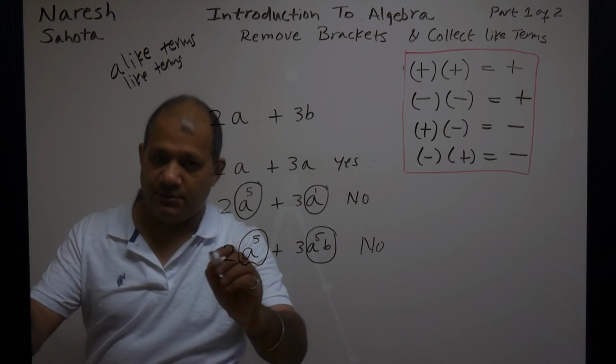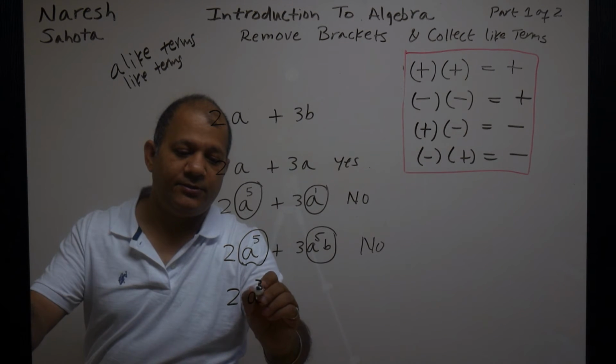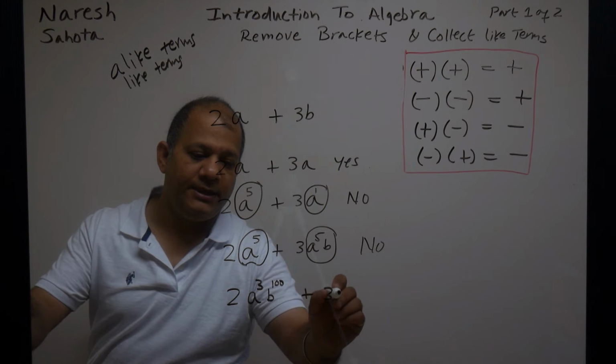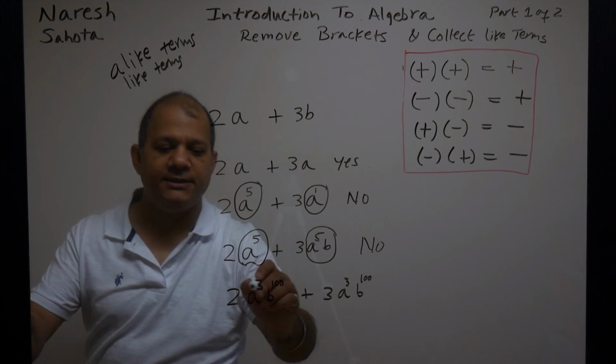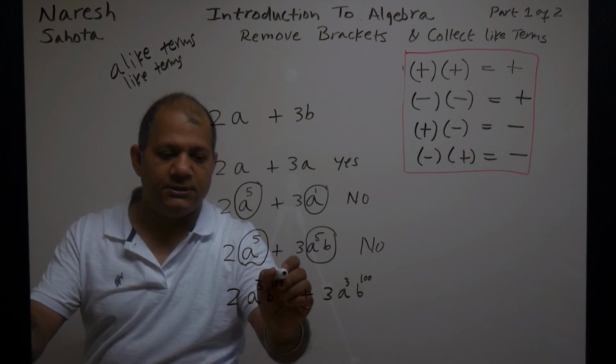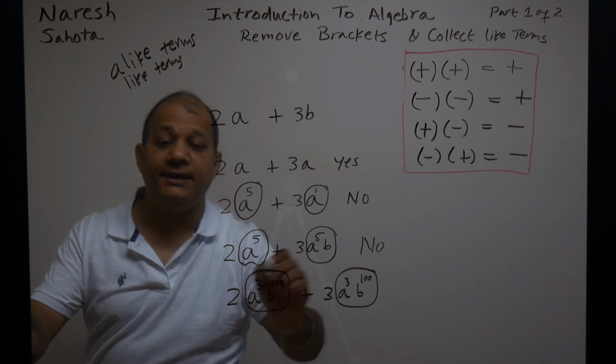So for example, one other example, if I had 2a to the 3, b to the 100, plus I have 3a to the 3, b to the 100. I just made some weird exponents, weird letters, just to get my point across. Now the question is, is the variable part identical in both? Yes, it is.